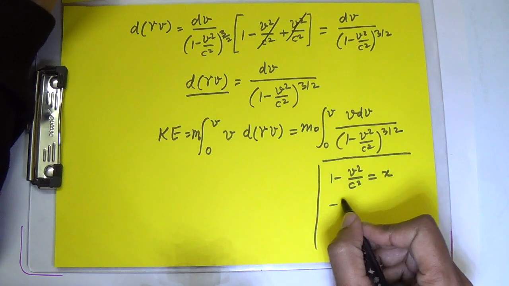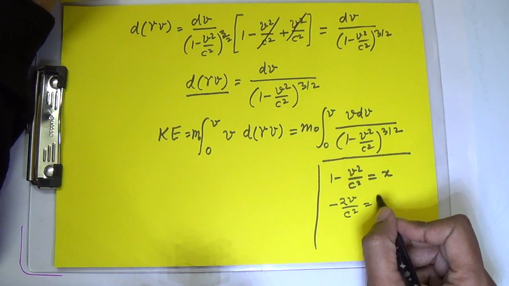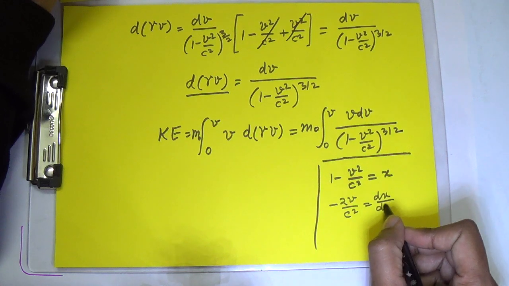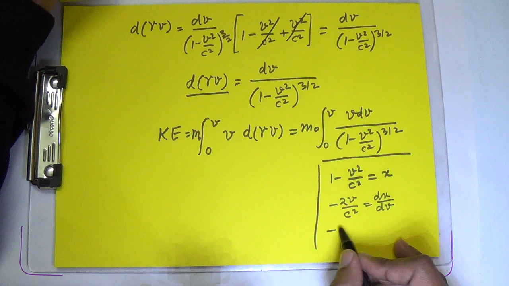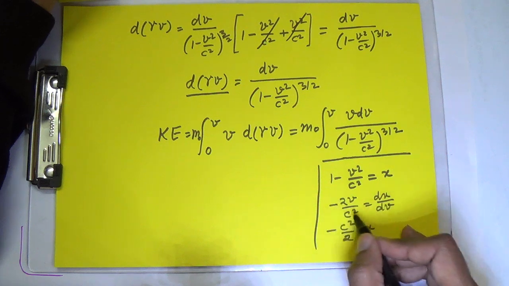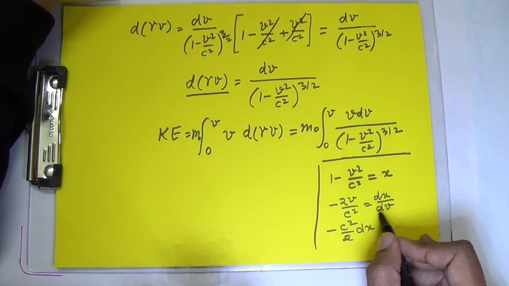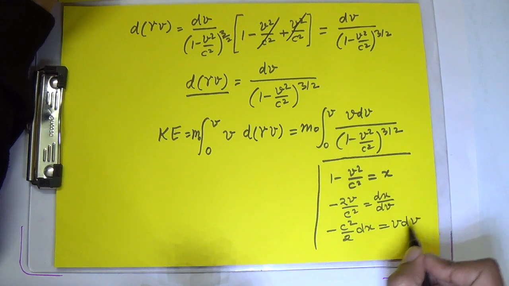So minus 2v upon c square is equal to dx upon dv. So minus c square upon 2 dx is equal to v dv. So I have this v dv.